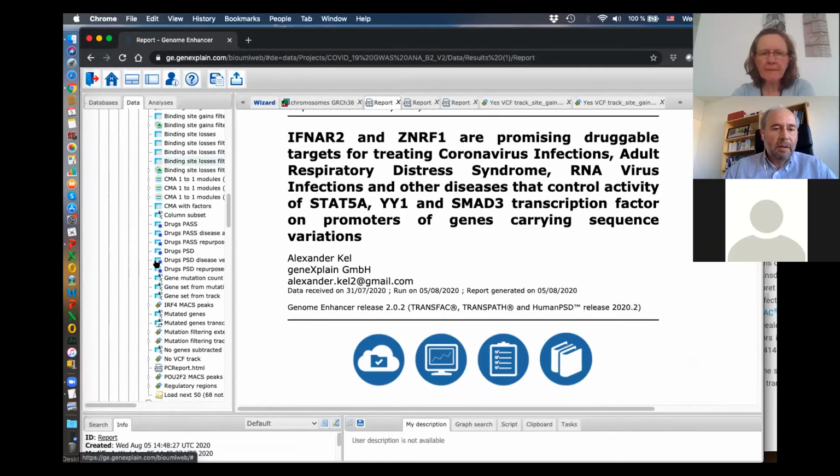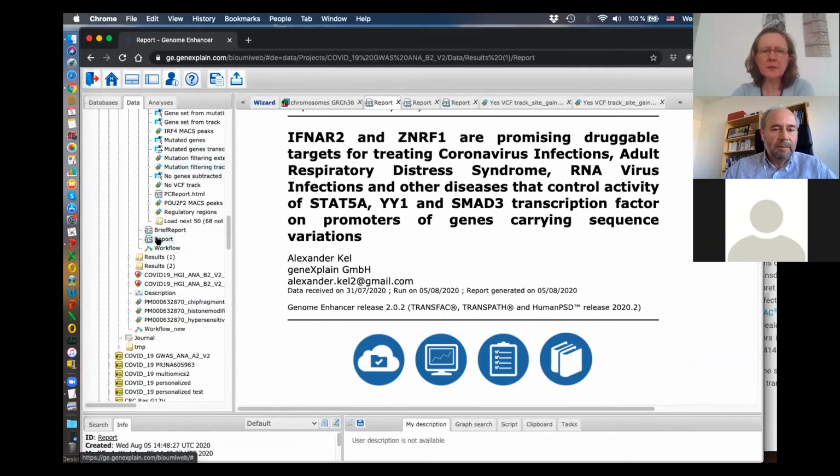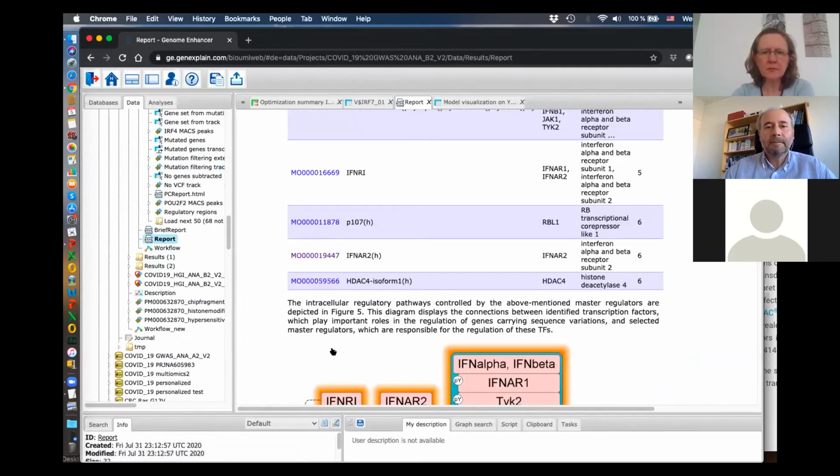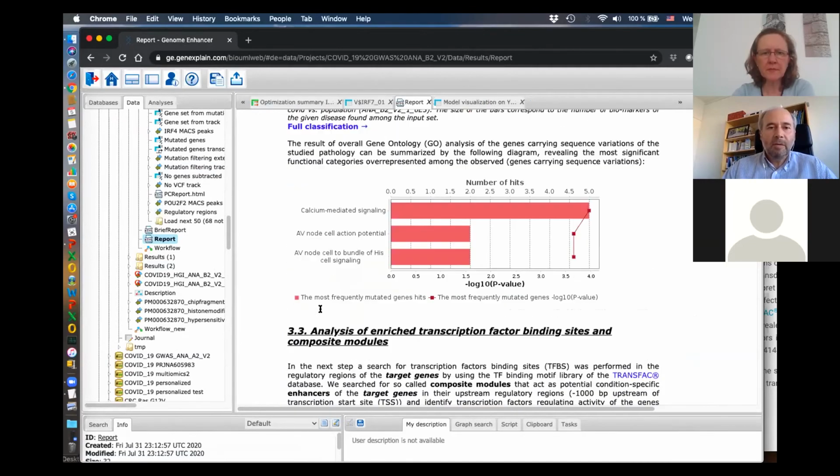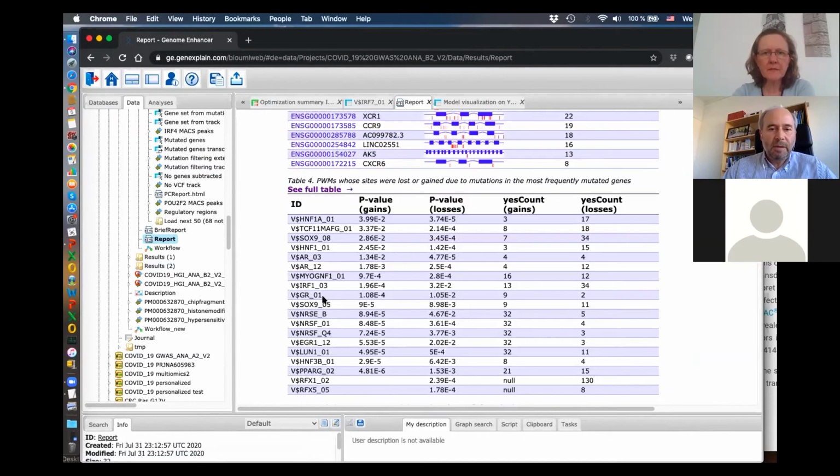Let me check. Let me open it. Okay, so table 4, this one. So what was the question again? Table 4 with gain and loss information. Is there a way to correlate to SNP IDs?